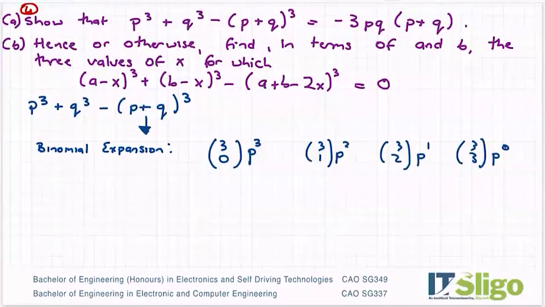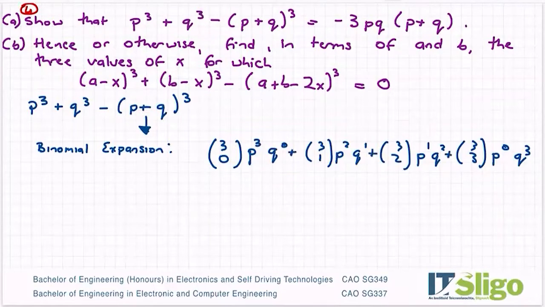Okay, so our other letter, or the one on the right, is q. So it's q to the power of 0, q to the power of 1, q to the power of 2, q to the power of 3. And in many places, the powers of zeros aren't written in as in the log tables. It's a plus in the middle, so these are all pluses. If it was a minus in the middle, this one's a plus, this is a minus, this is a plus, this is a minus. It's every second one.